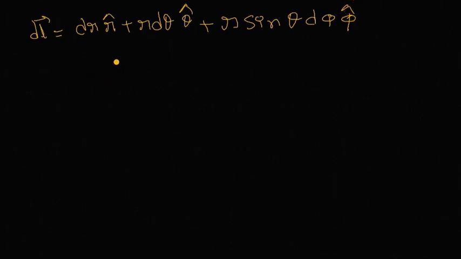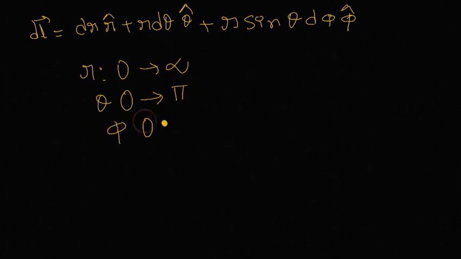Here the value of r goes from 0 to infinity, the value of theta goes from 0 to pi, and the value of phi goes from 0 to 2 pi.